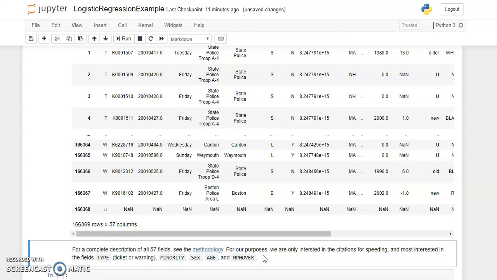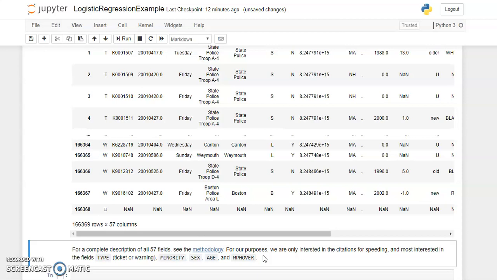So in this case, there was a period of about two months in the state of Massachusetts when they would give out tickets or warnings, and it was the exact same form except for a checkbox, and the checkbox would indicate whether it was a ticket or a warning.